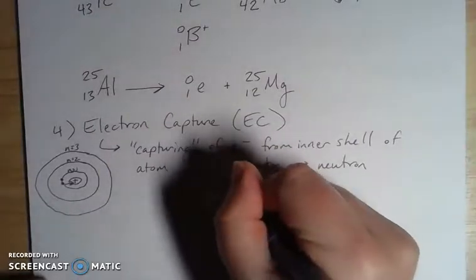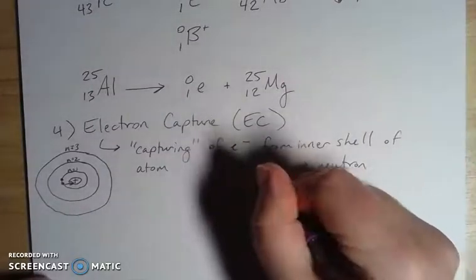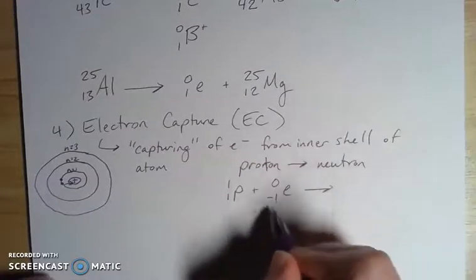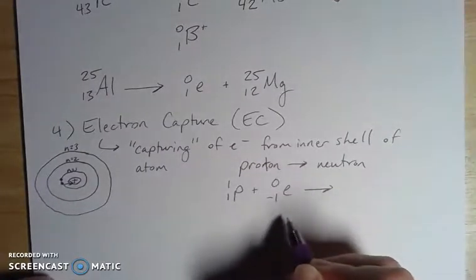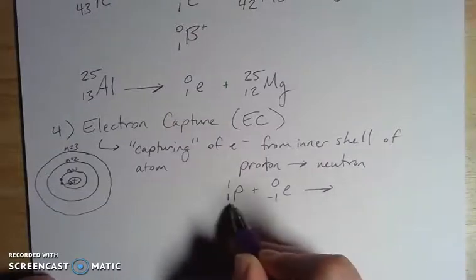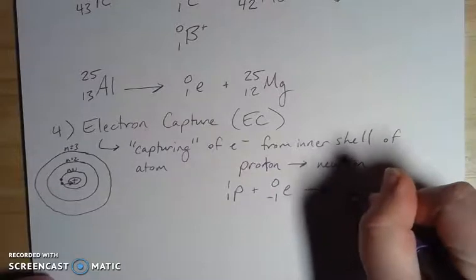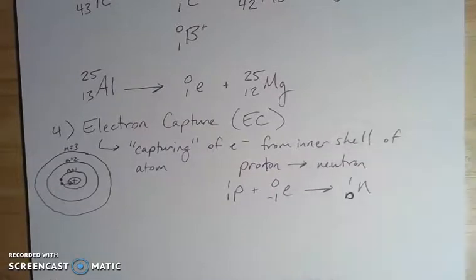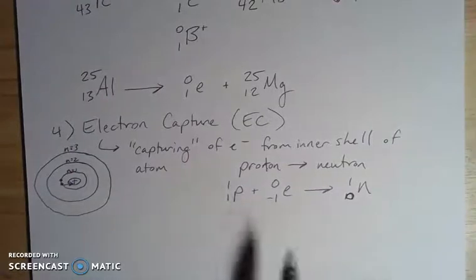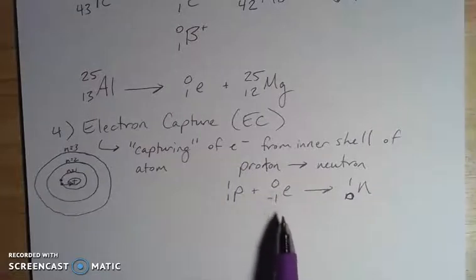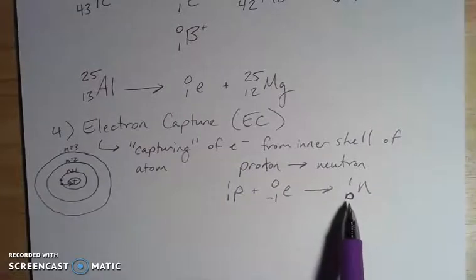So if we're thinking about this in terms of nuclide symbols, the proton and the electron, here's my captured electron from that inner shell that bashes into my proton, and then we convert to a neutron here. Here's my 0. Okay, and again, I'm balanced out across the board because here's my 1 proton, so it's kind of like a non-opposite 1 proton, gives me a 0.